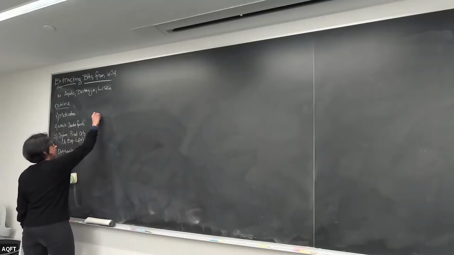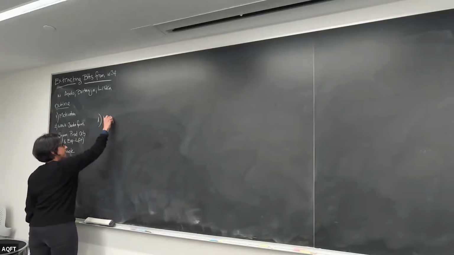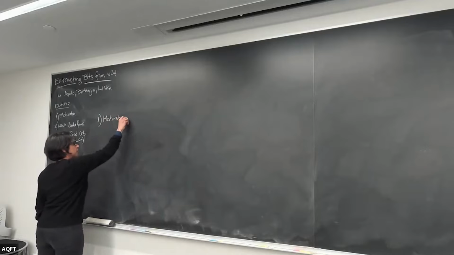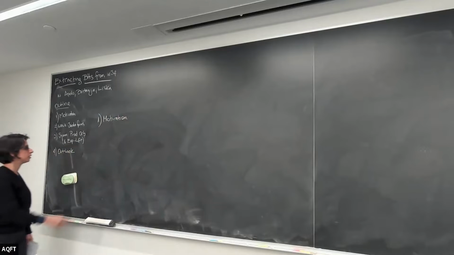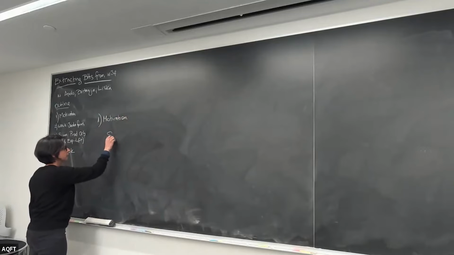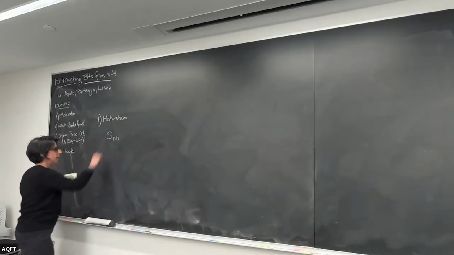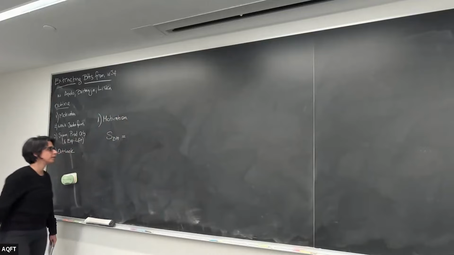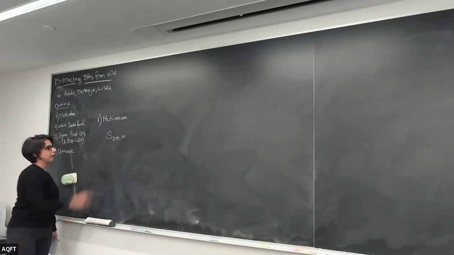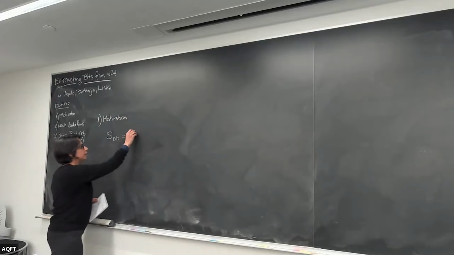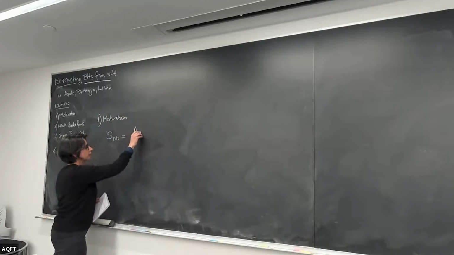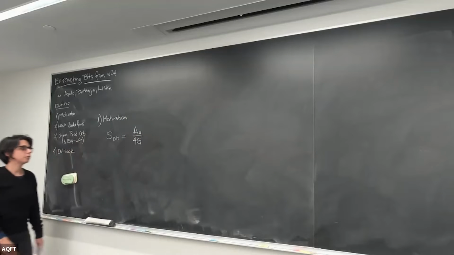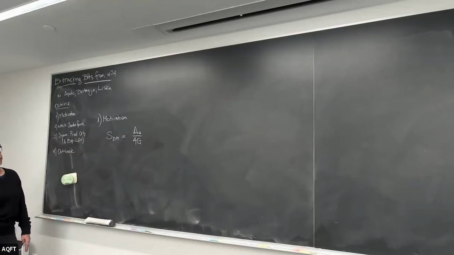So let's start then with the motivation. Something that is well known, a very famous aspect of black holes, is that black holes carry an entropy. That's what the symbol S means: the entropy of black holes, which at leading order depends on the area of the horizon of the black hole, the size of it, measured in what we call Planck units, divided by 4G, where G is Newton's constant.